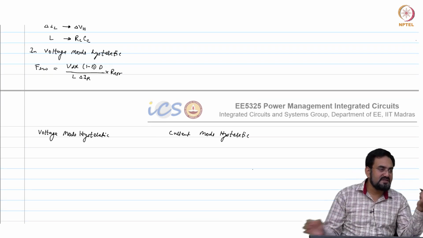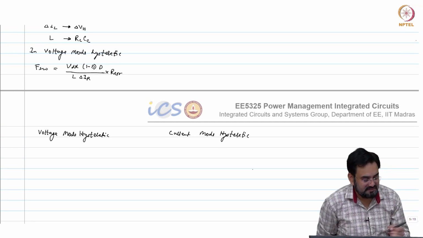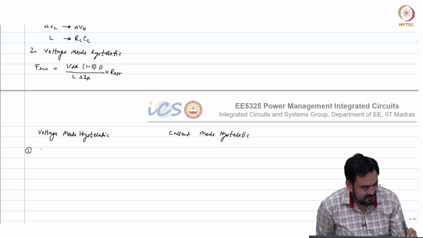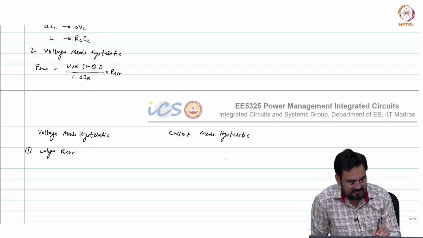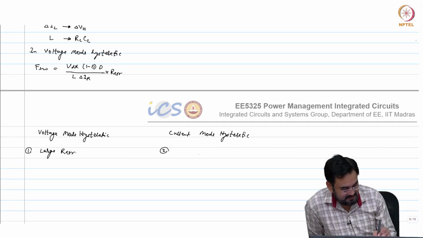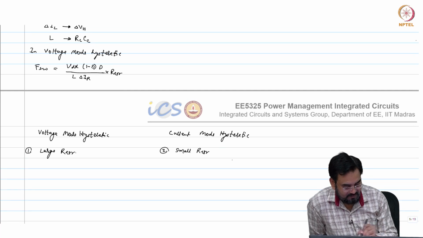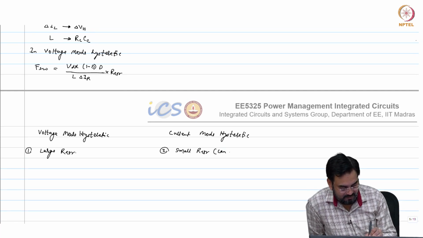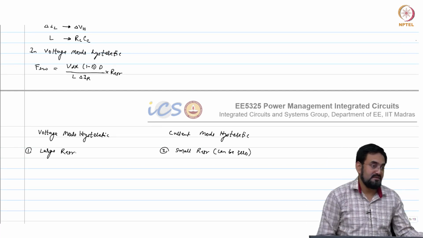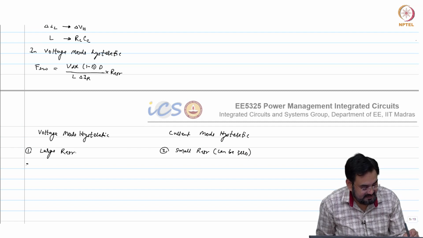What was the first drawback of voltage mode we talked about? Large ESR. So, number 1, large RESR. Here it is not depending on RESR, so it can be 0 actually here, it will still work. What was the second thing?